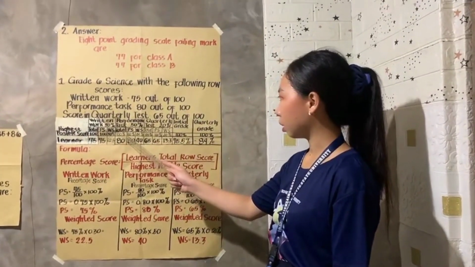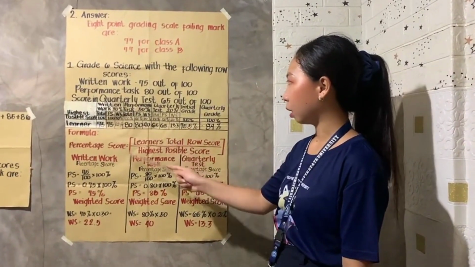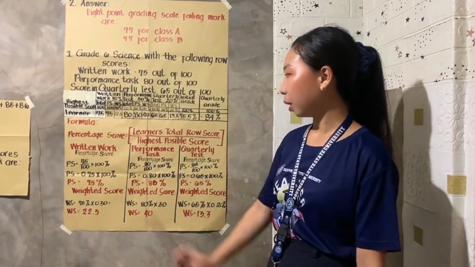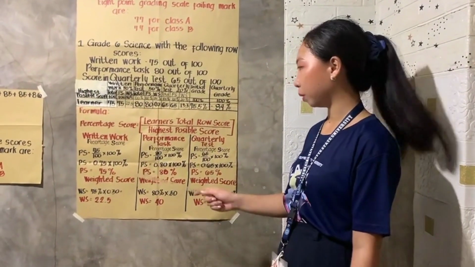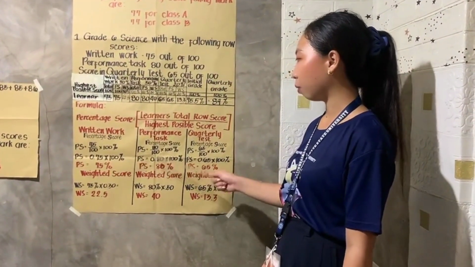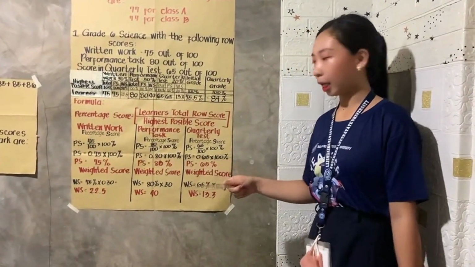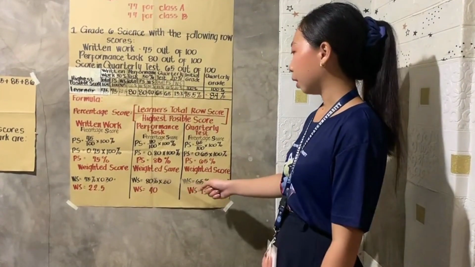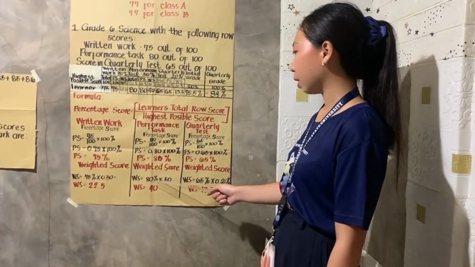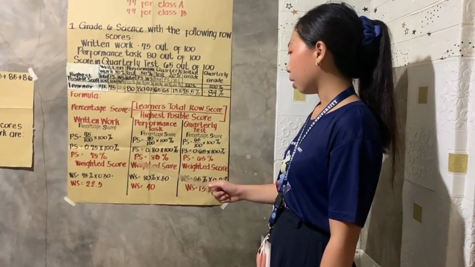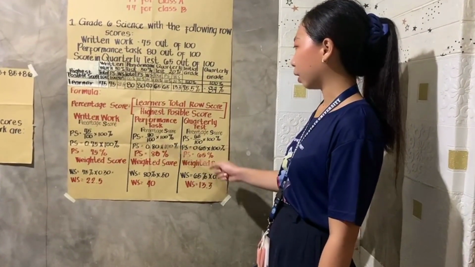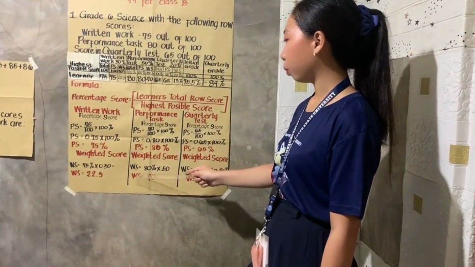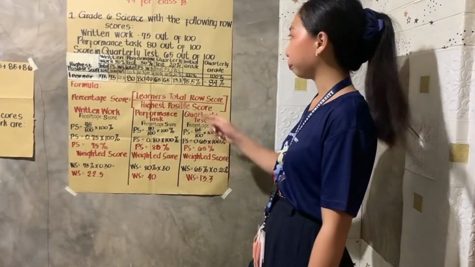So 80 divided by 100 would be 0.80 multiplied by 100, that is 80%. So the weighted score is 80% times 0.50, and that is the performance task. So that would be a weighted score of 40.